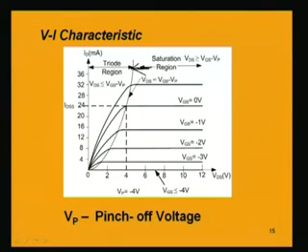And when we have these two voltages equal, then this is the locus of the points where VDS is equal to VGS minus VP. So, this curve is actually plotted from the saturation points.